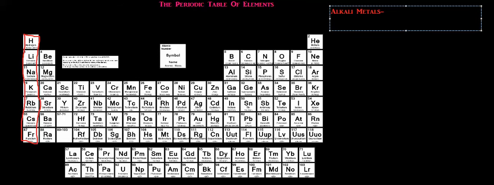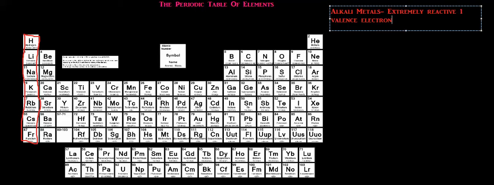So our alkali metals are extremely reactive. They're extremely reactive because they have one valence electron. So having one valence electron means that you have one electron in your outermost shell, and every atom wants to have a full valence shell, or the outer shell, and have 8 in them.